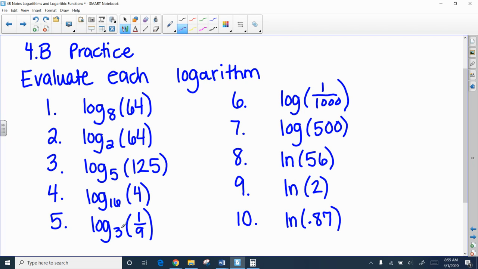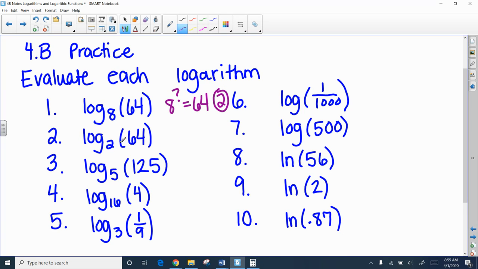So these ones we have to figure out. On number 1, the base is 8. So when we're evaluating this, it means we're trying to find 8 to what power equals 64. That one, hopefully we know and recognize. 8 to the second power is 64. So that means the number we're looking for is 2.